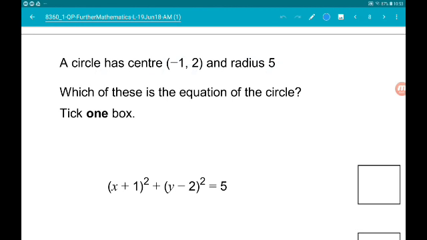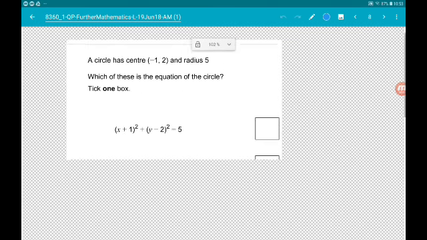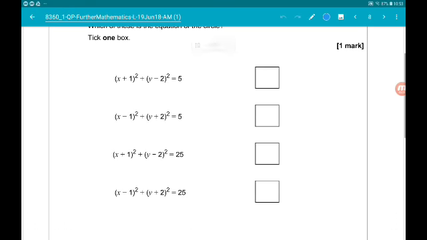Okay, in question 6 we have equations of circles. So I've got lots on this in my coordinate geometry playlist down below. So a circle has centre minus 1, 2 and radius 5. We want to tick a box for the equation of the circle.